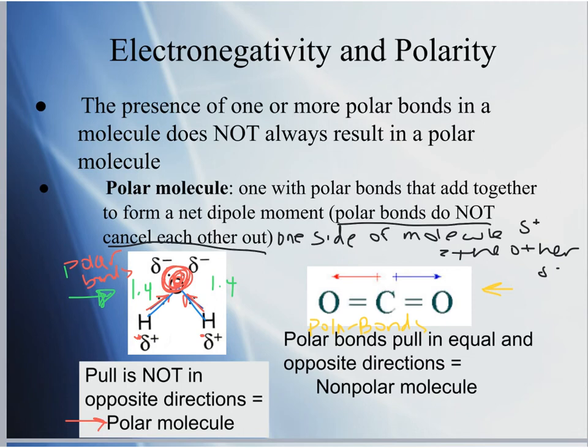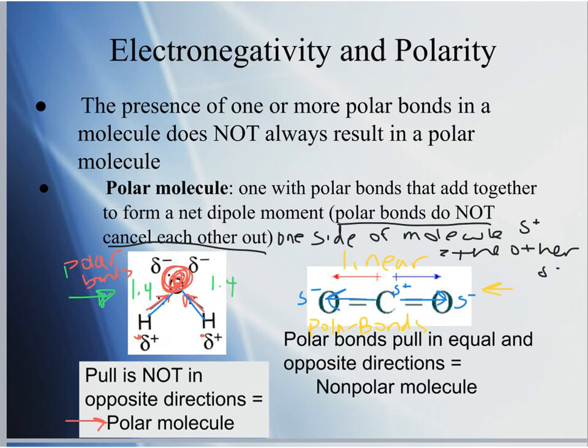All right, but in this molecule, this is a linear shaped molecule. And so we can see that the oxygens are pulling in equal and opposite directions. So the oxygen's over here, this is a slight negative side, and then this is a slight negative side, and then we have a slight positive in the middle. So there's not one end that's positive or one end that's negative. Both ends are negative and the middle's positive.